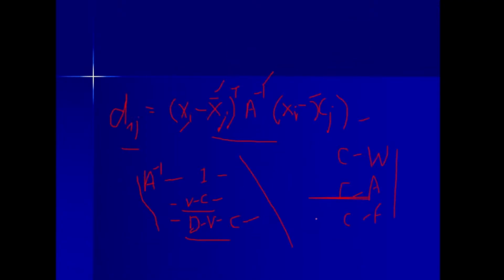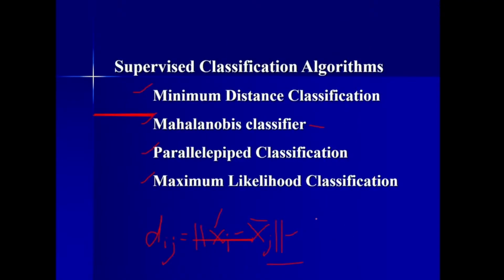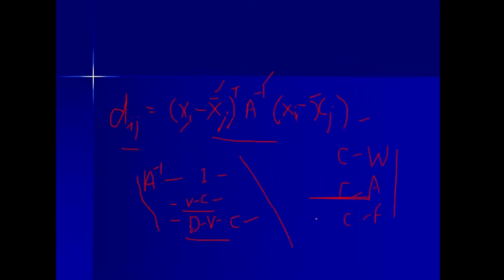The fourth algorithm is called the maximum likelihood classifier, in short MLC, and it works on probability criteria.